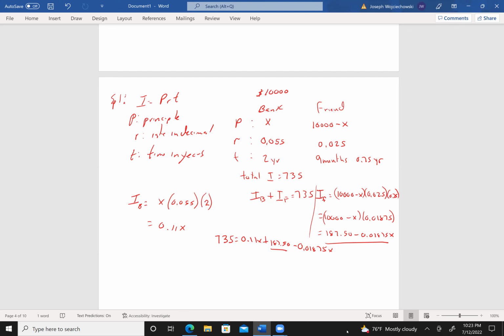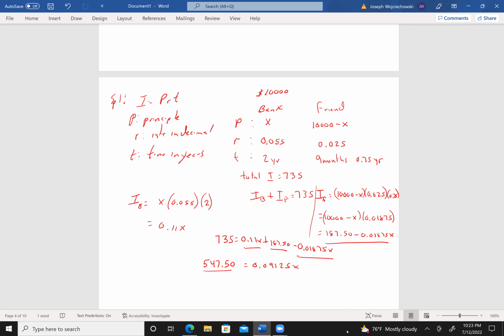That gives us 547.50. Then we'll combine the like terms here. 0.11 minus 0.01875, and that gives me 0.09125 times x.